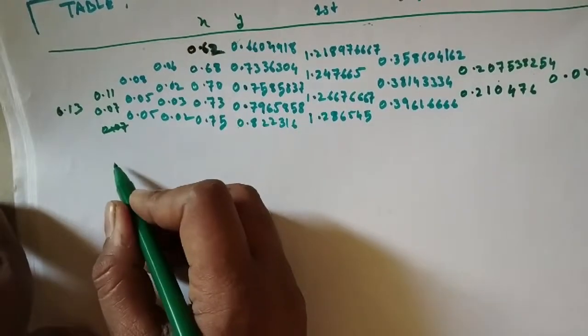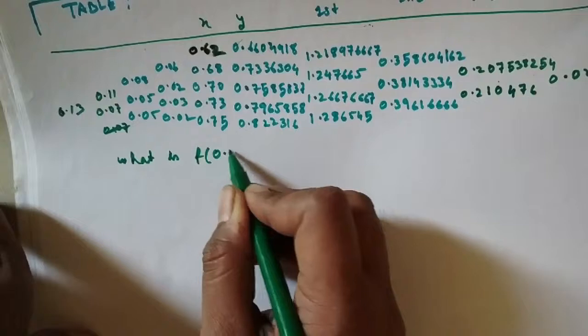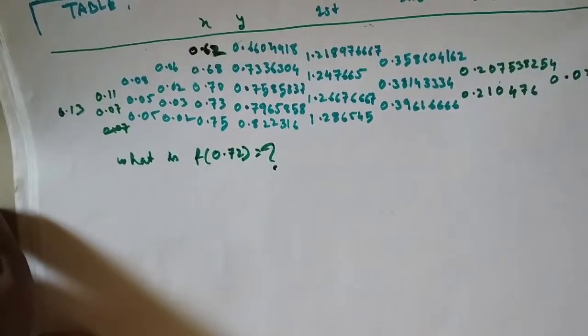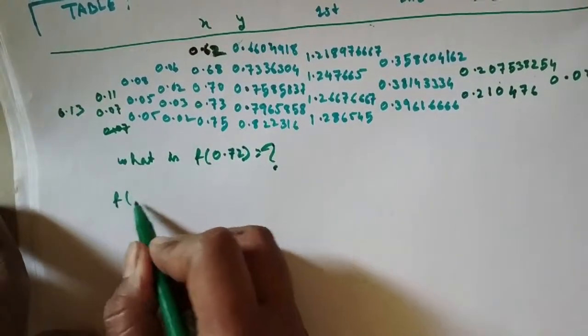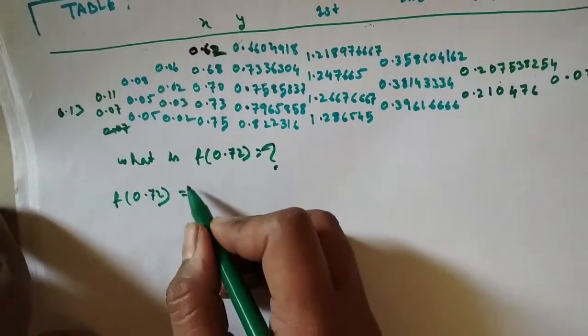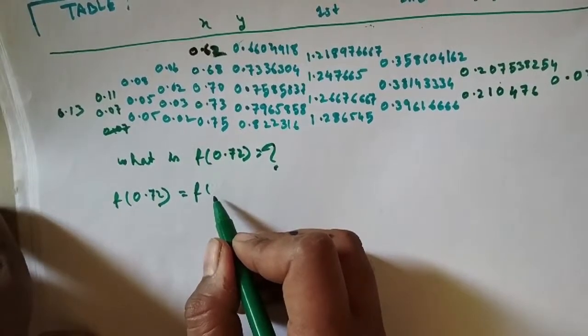Okay, so now we need to find f of 0.72. Then what we will do, we will just write the formula of the interpolation. So what was the formula?